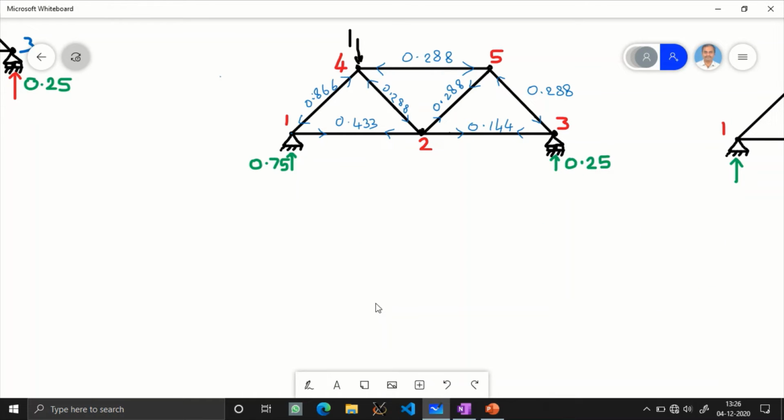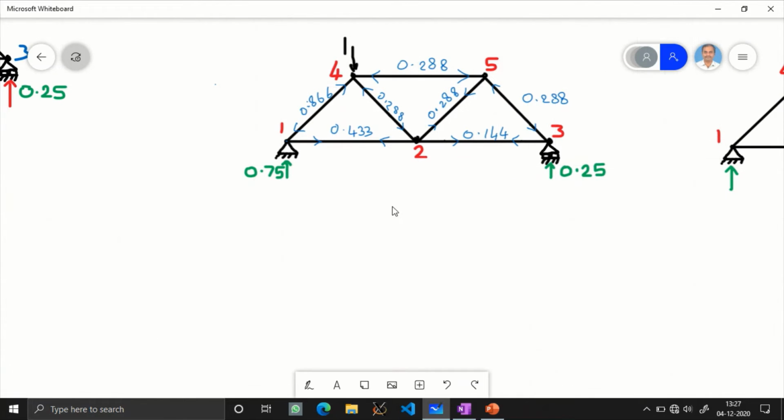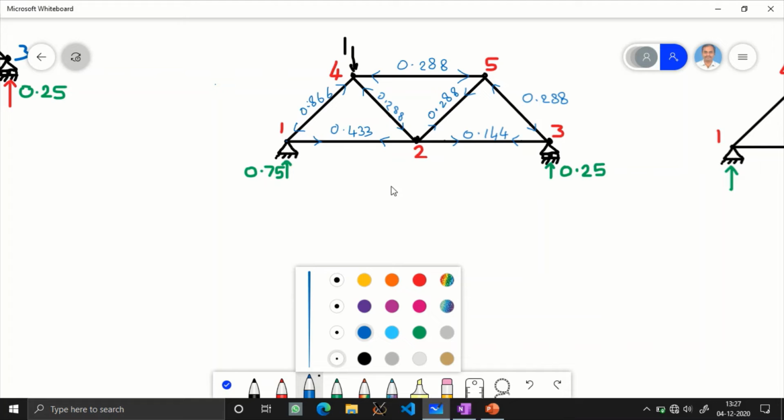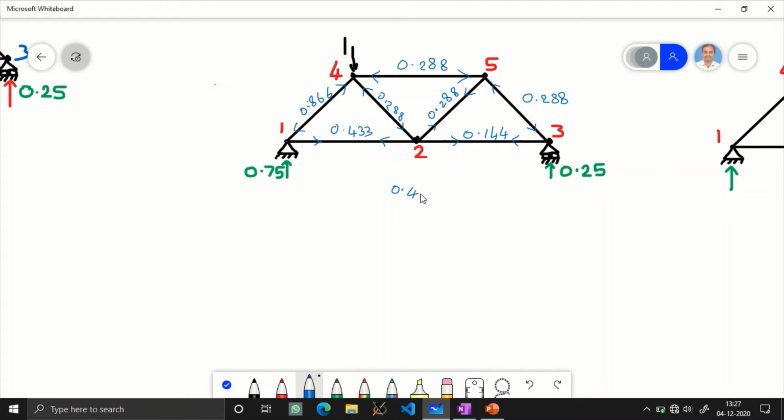All the member forces are known now, so I can write the first column of my B matrix. The first column of my B matrix will be 0.433, 0.144, then 0.866.